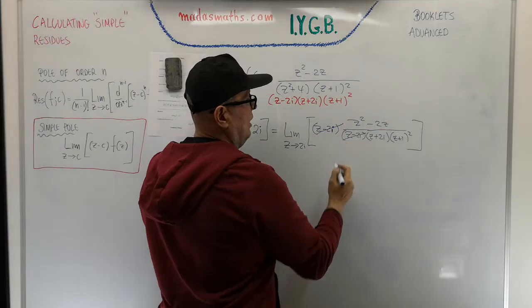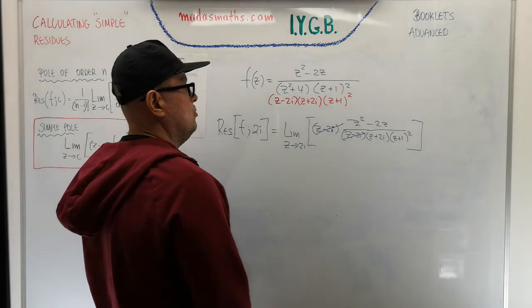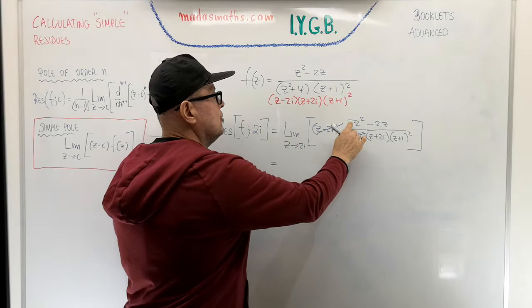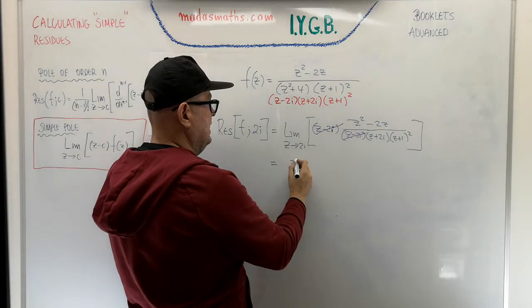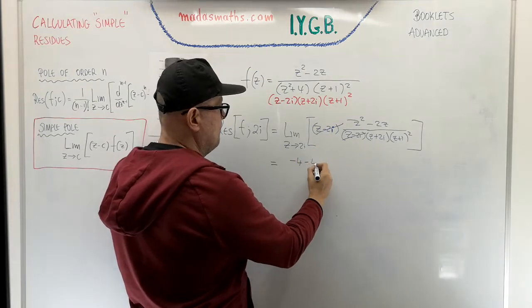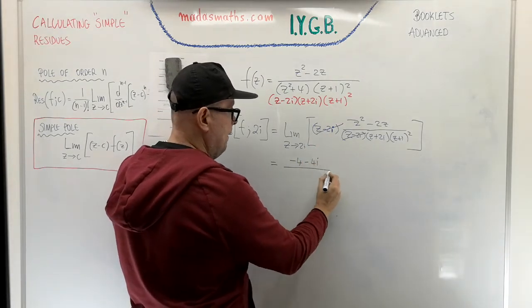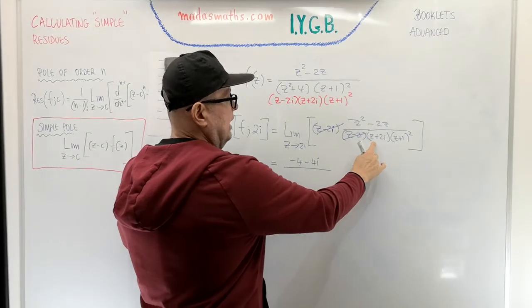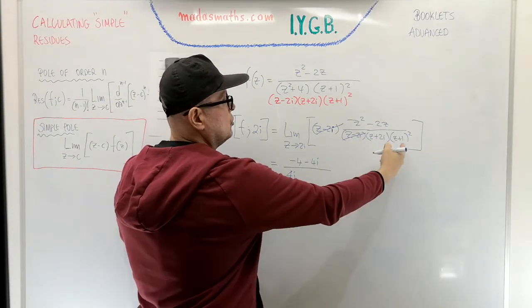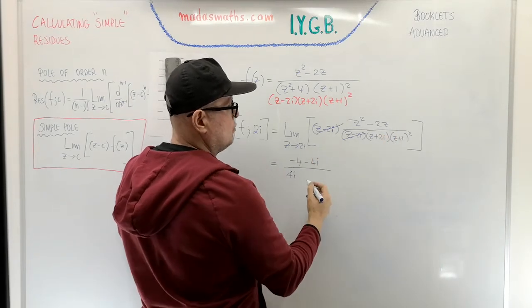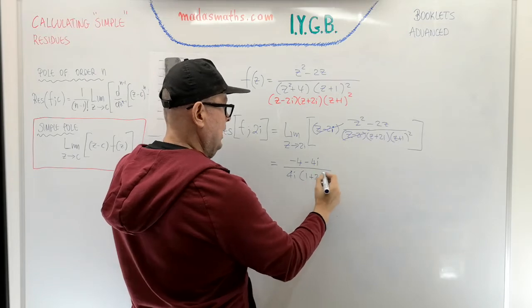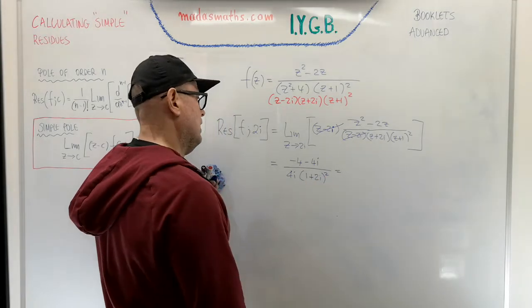This bracket cancels, and now I'm putting 2i into all of this, hopefully not making a mistake. Squaring 2i gives -4, minus 2 lots of 2i, minus 4i. That's my numerator. Now putting 2i in the denominator, that's 4i, and then I've got (2i plus 1), or (1 plus 2i), all squared. I'm going to do an in-between tidy.